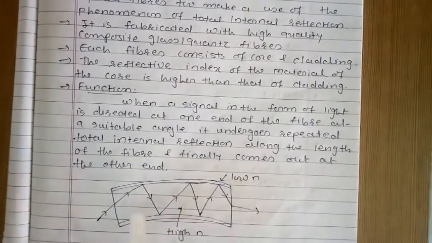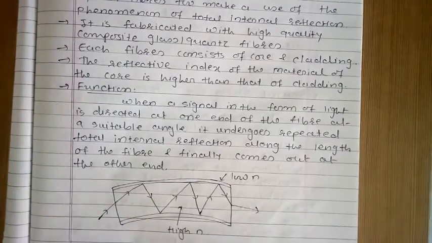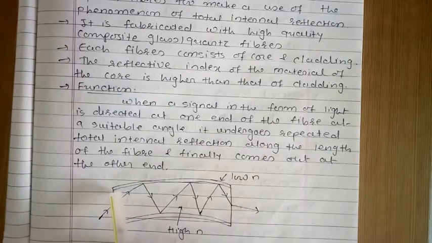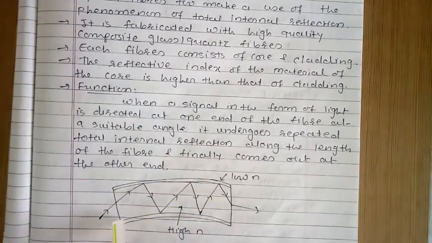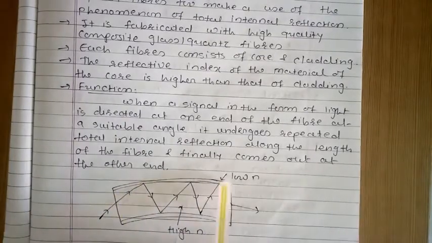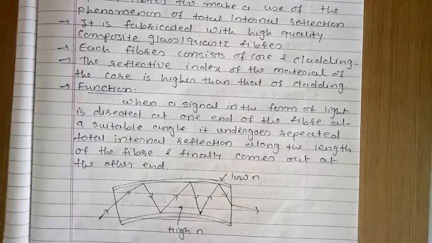You can see in this figure, this is the figure of an optical fiber, right? This is the core, and this outer side is known as the cladding.